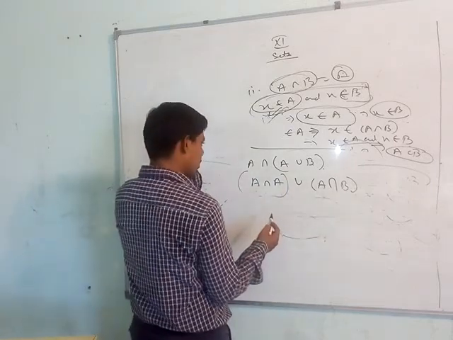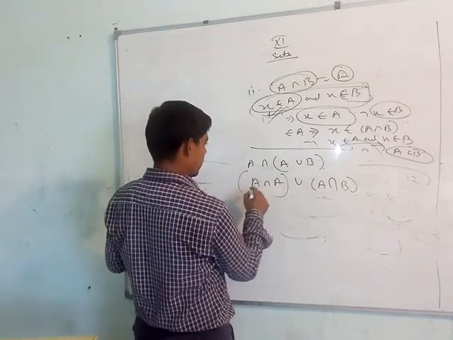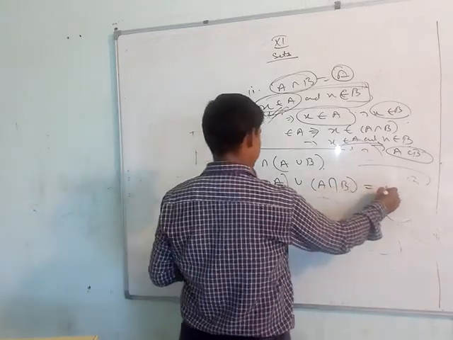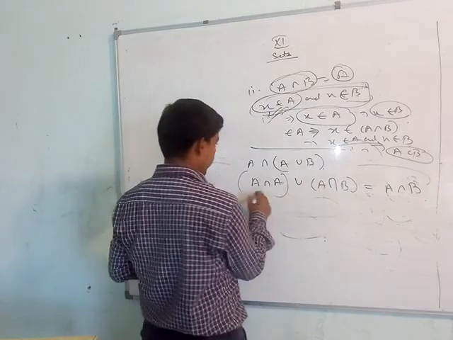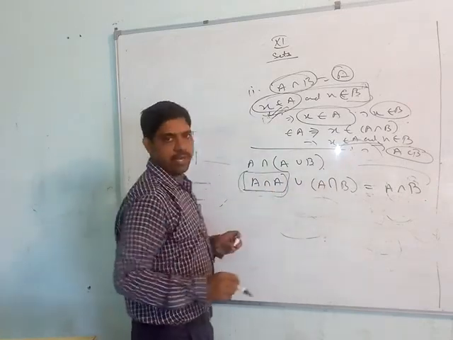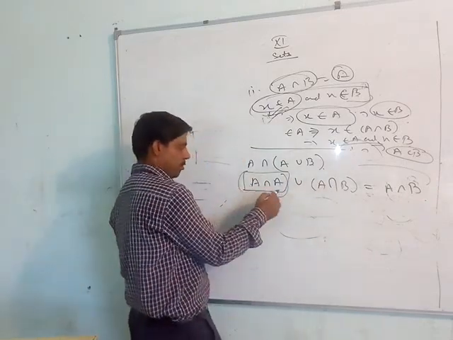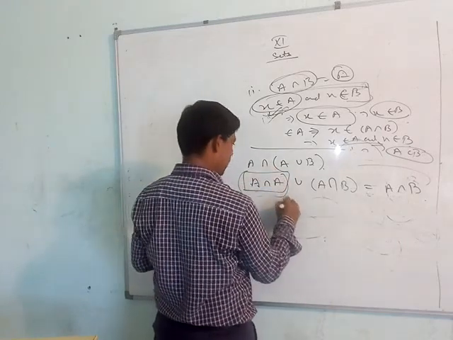A intersection A union A intersection B. Now what is given to us? This is the same as A intersection B. So again what are we getting? What is A union A? What is A intersection A? It is A only.